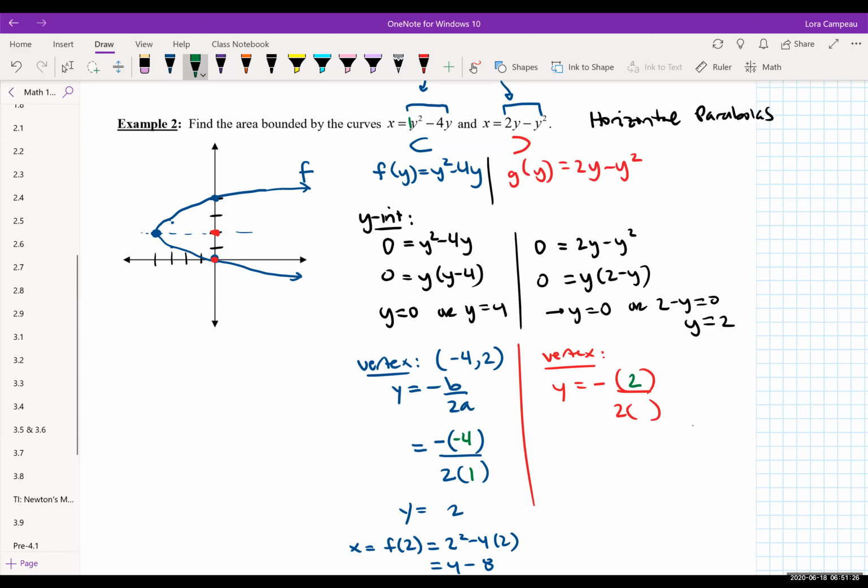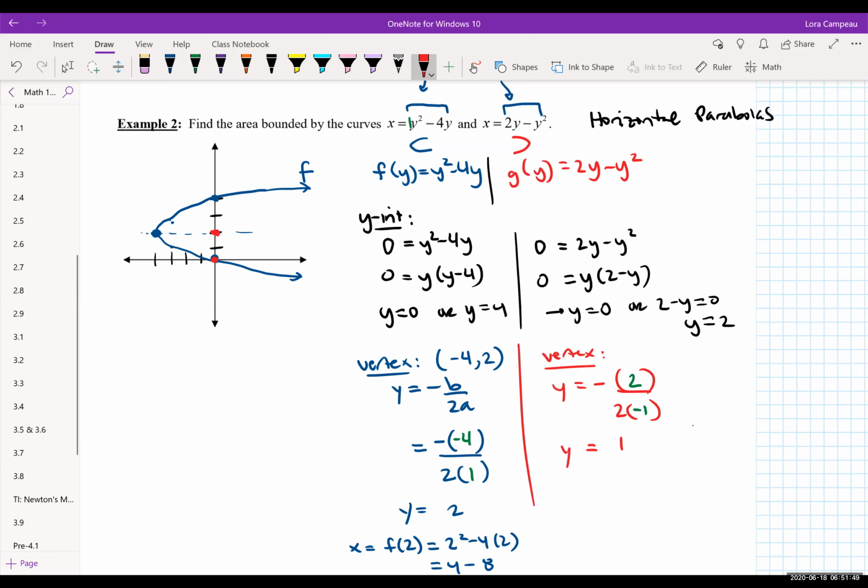And a this time is negative 1. So what happens here is we end up having 2 over 2, negative 2 over negative 2, positive 1. All right, cool. Got that y value of the vertex.